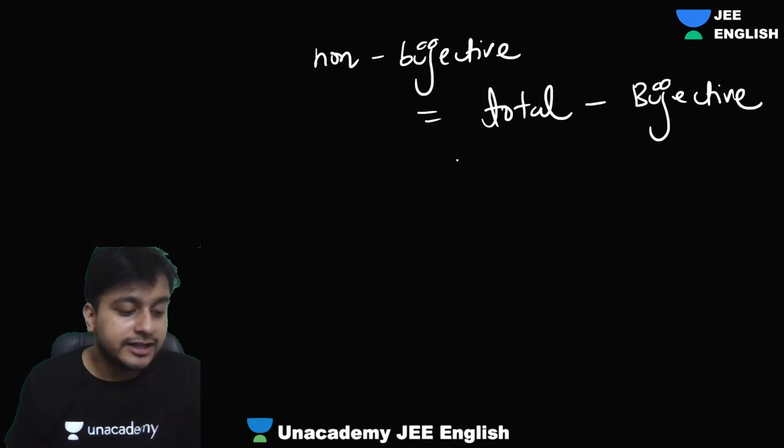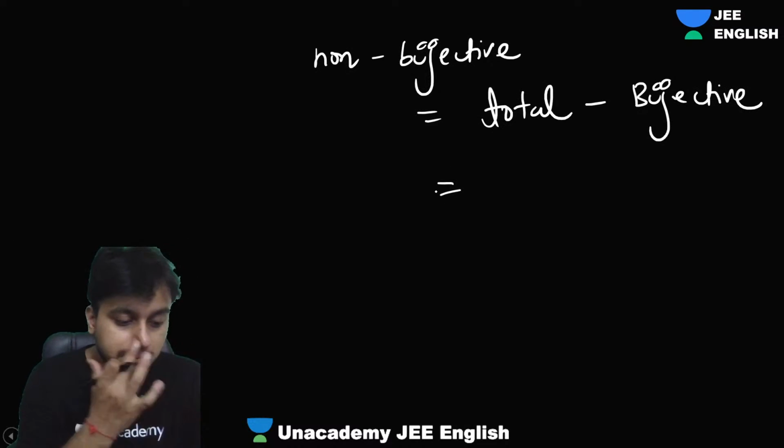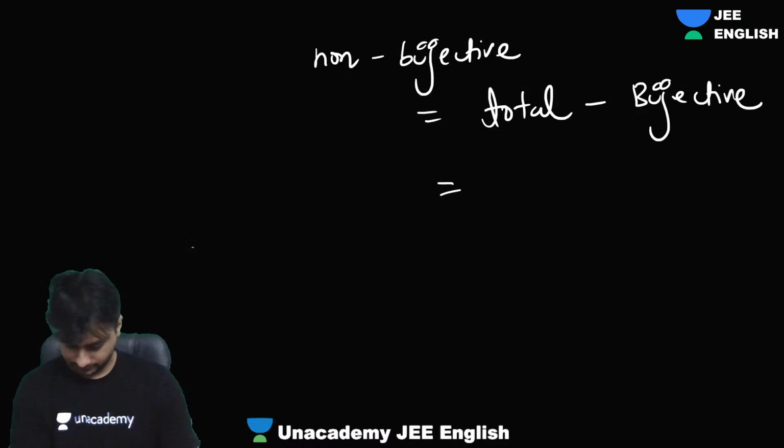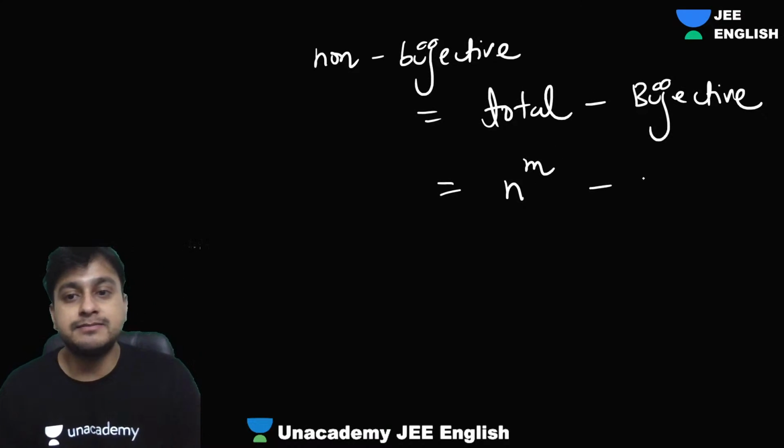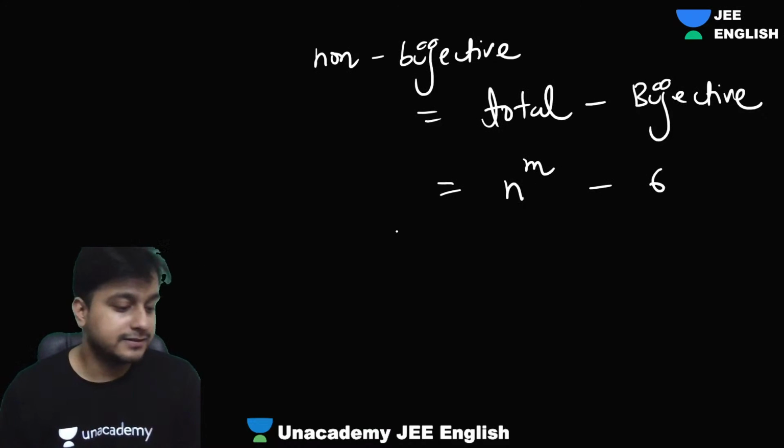Total is what? Remember the formula. Total is n power m, minus 6.